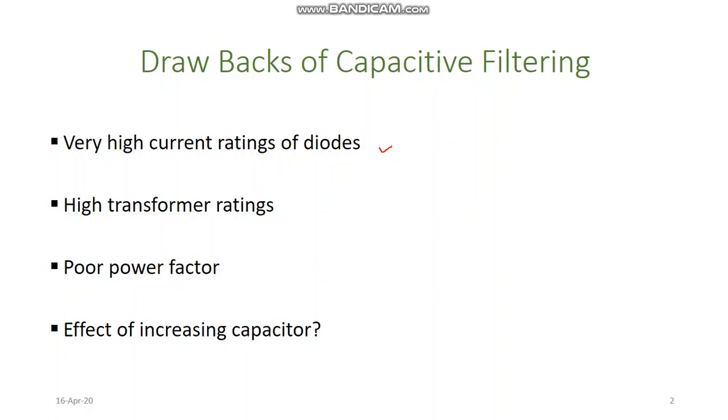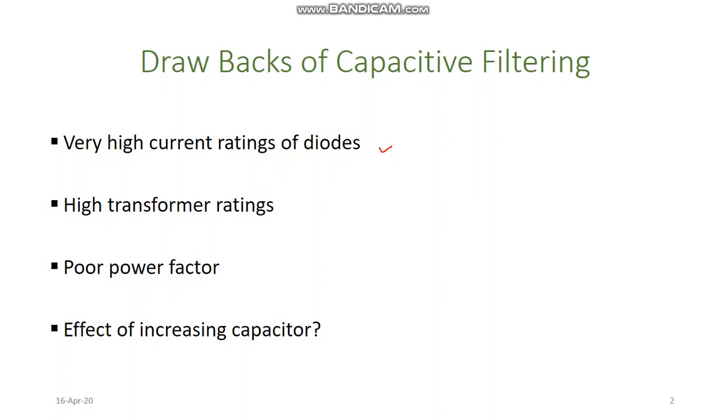For a load of about 5 ampere, the peak rating of the diodes that we needed was almost 78, 80 ampere, and the RMS value was also pretty high, up to 20 ampere and so on. Also we saw the impact of the non-repetitive surge current, which came out to be 426 or something like that.